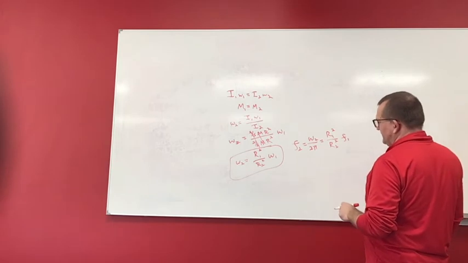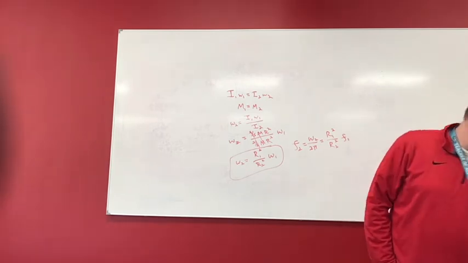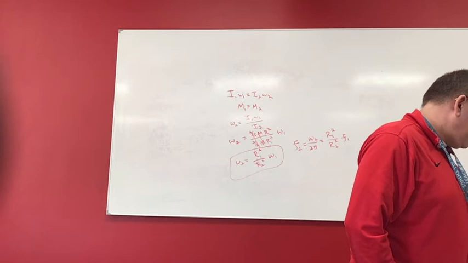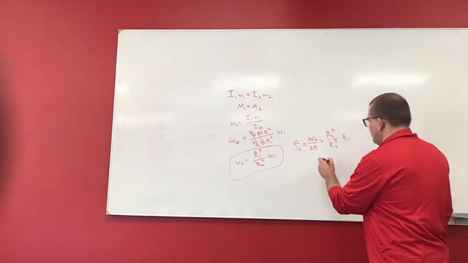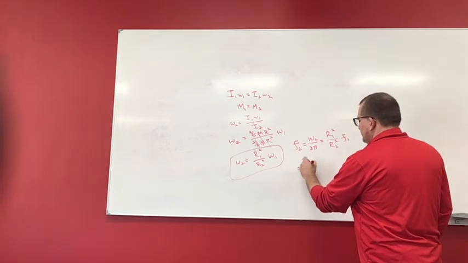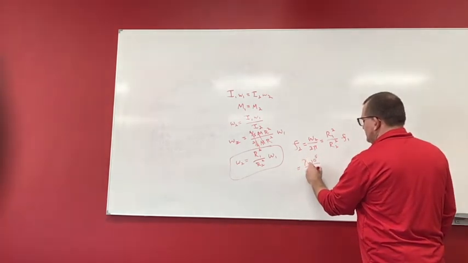And this will make things a little bit easier, I think, but we'll see. So we know that R1 over R2, like we said previously, is 7 times 10 to the 5th over 10, both squared.